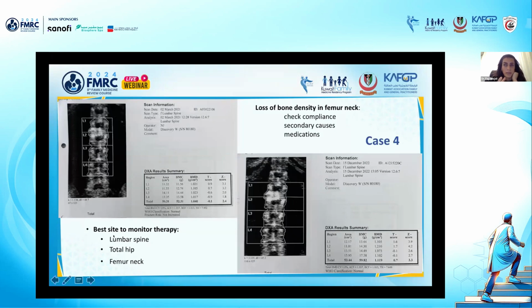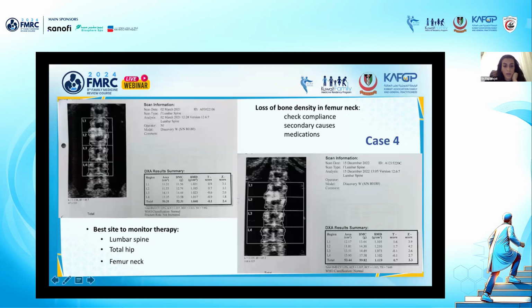What I mean is that the medication works best on the lumbar spine, followed by the total hip, and then the femur neck. The lumbar spine BMD was 1.04. When she came back, it was 1.119. Is there an improvement? Yes, the patient has responded to treatment. So this is a treatment success.